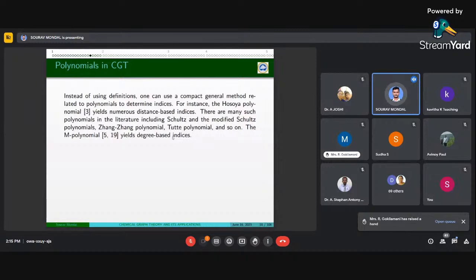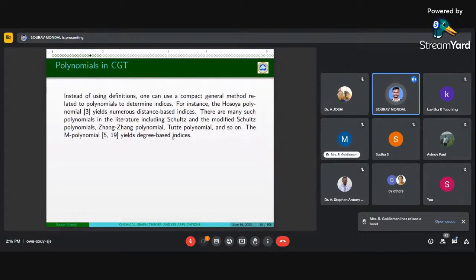So instead of going through this time consuming process, one can use a compact general methodology related to polynomials to determine the indices for a certain family of graphs. For instance, the Hosoya polynomial actually gives numerous distance-based indices. The M polynomial is the most general polynomial to produce a large number of degree-based indices. So these are some basic components of chemical graph theory.